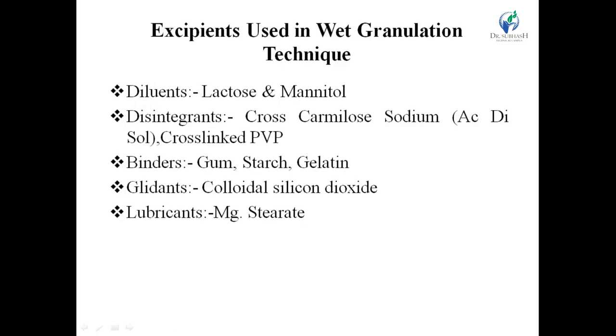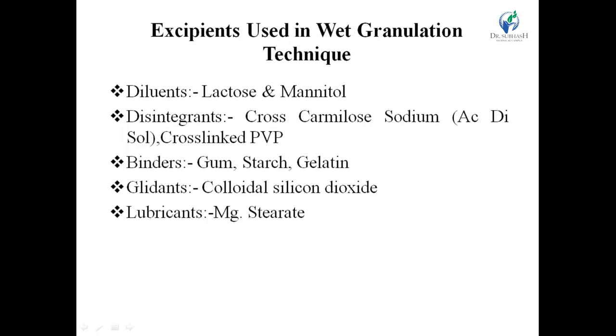Excipients used in the wet granulation technique. First is diluent, also called bulk enhancing agent. Examples of diluents used are lactose, mannitol, etc. Second is disintegrant, which acts as a breaking agent.